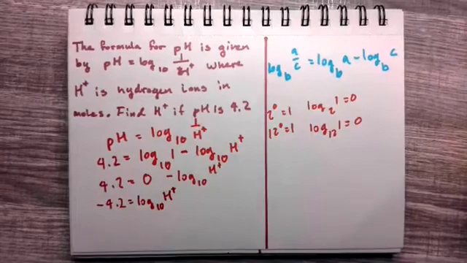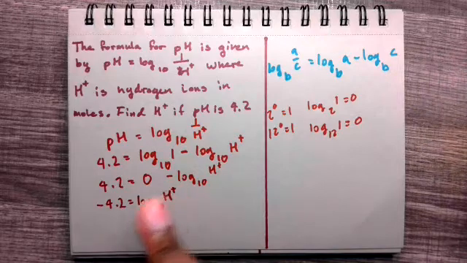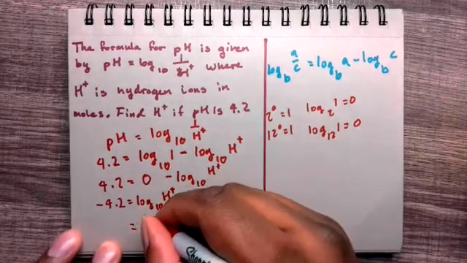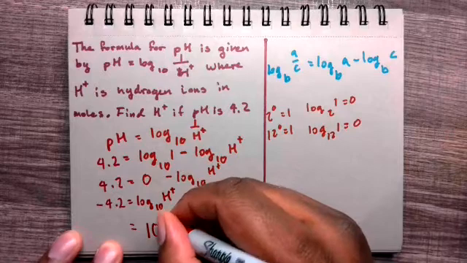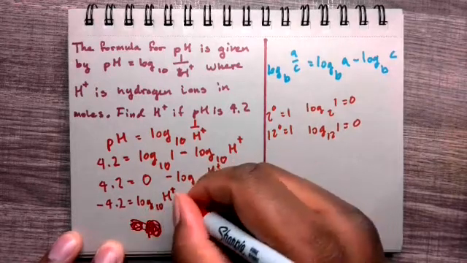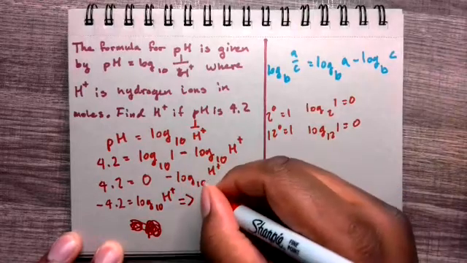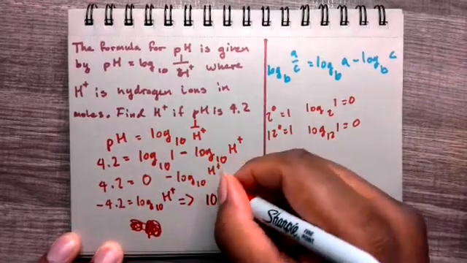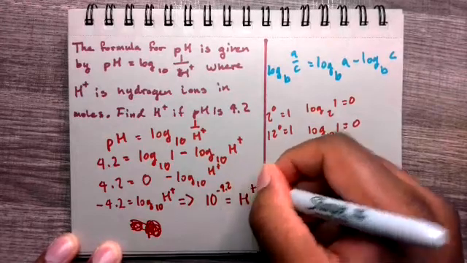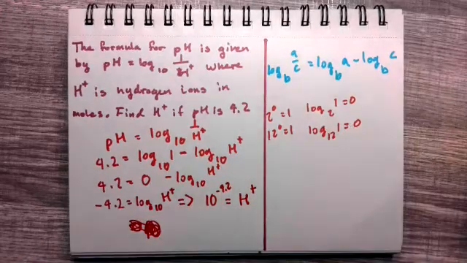Then the beautiful thing about this is I can now take both sides to the 10th power, which gets rid of the log on this side. So that gives me 10 to the negative 4.2 equals what my H plus is.